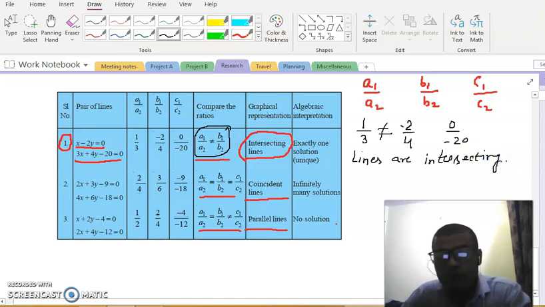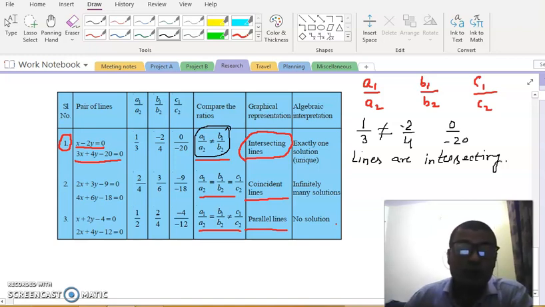To find out where the lines are intersecting each other, just solve both equations, x minus 2y equal to 0 and 3x plus 4y minus 20 equal to 0. When you solve both equations, you will get one value of x and one value of y. Those are the point where the lines meet each other. This is the beauty of linear equations: you can find out where the two lines are meeting with each other.